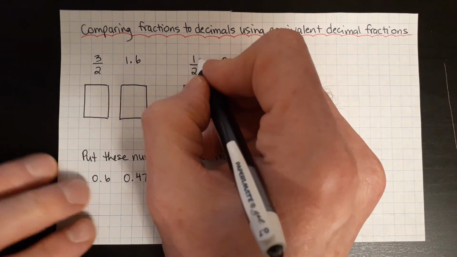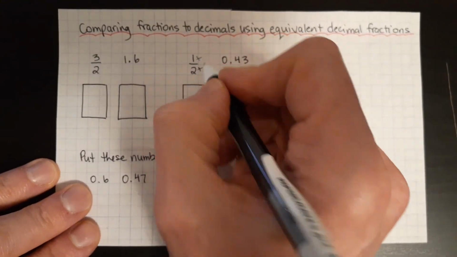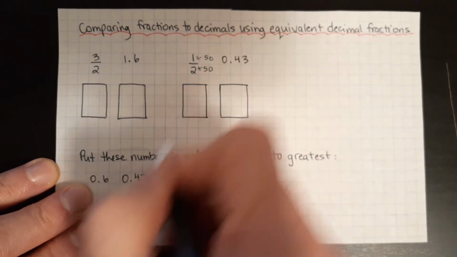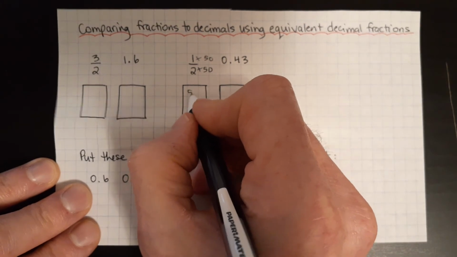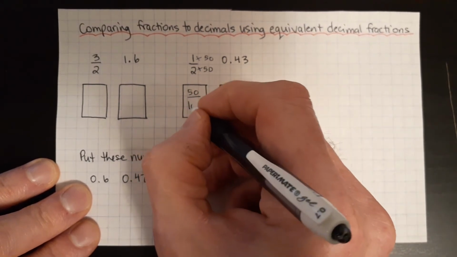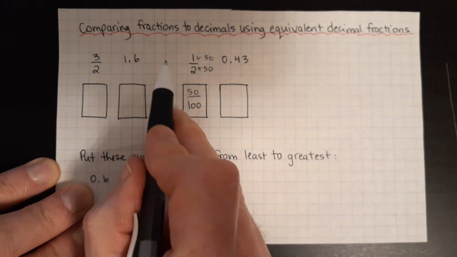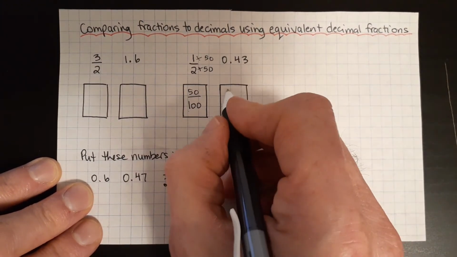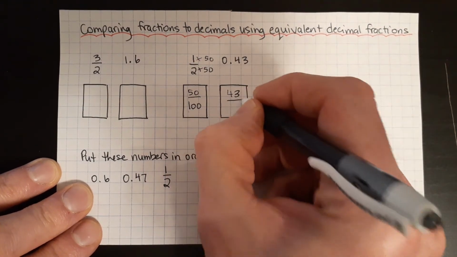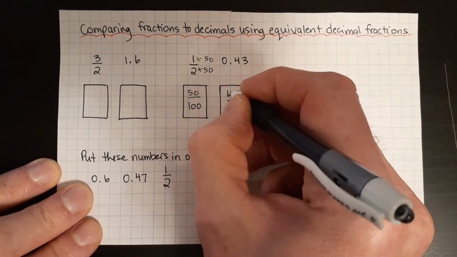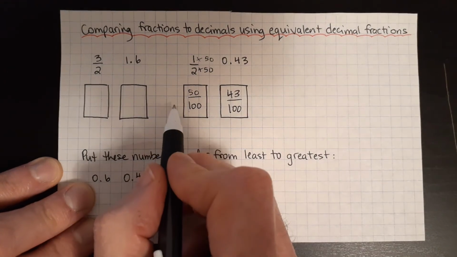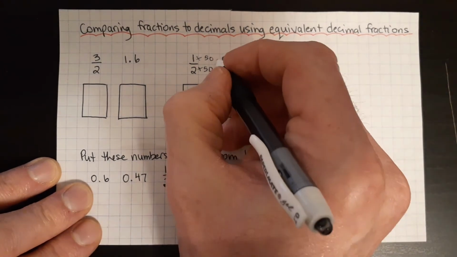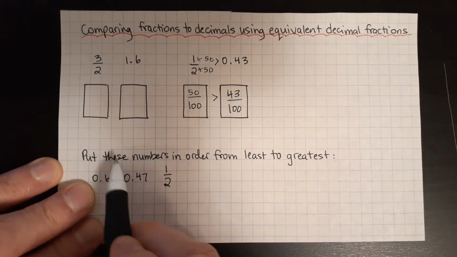Now, I said in the last piece of paper that if I were to multiply this by a factor of 50, then I would get my equivalent fraction with a denominator of 100. So 1/2 converts to 50 over 100. For 0.43, all I need to do is just put it over 100 because the 3 is already in the hundredths place value. And so what I can see is that 1/2 is actually bigger than 0.43, because 50 over 100 is bigger than 43 over 100.